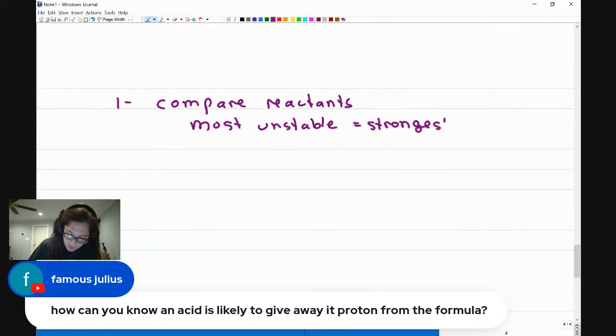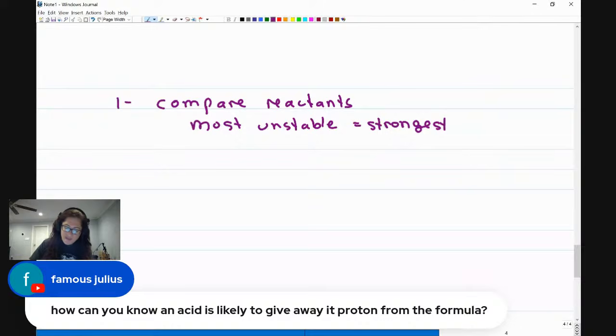Okay, so what are we talking about here? If the reactant is unstable, it's unhappy, it is desperate to change its situation. And if you can compare two reactants, you say this one is less stable, this is the stronger acid. Or this one is the less stable base, it's the stronger base.